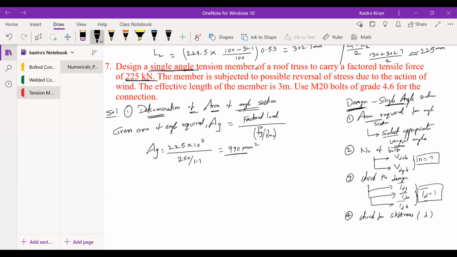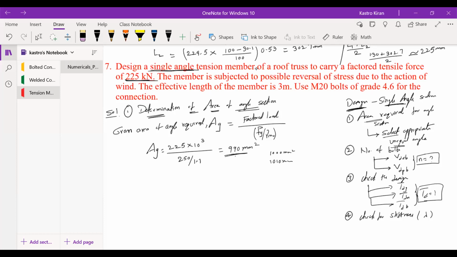That's the statement here. So refer the steel tables book, and based on the area that is obtained, find out an unequal angle section which gives an area value greater than 990 mm square. That's a key thing. Now one thing you have to remember when you are finding the angle sections for 990 mm square is that you don't just go for a little greater value, like 1000 mm square or 1010 mm square.